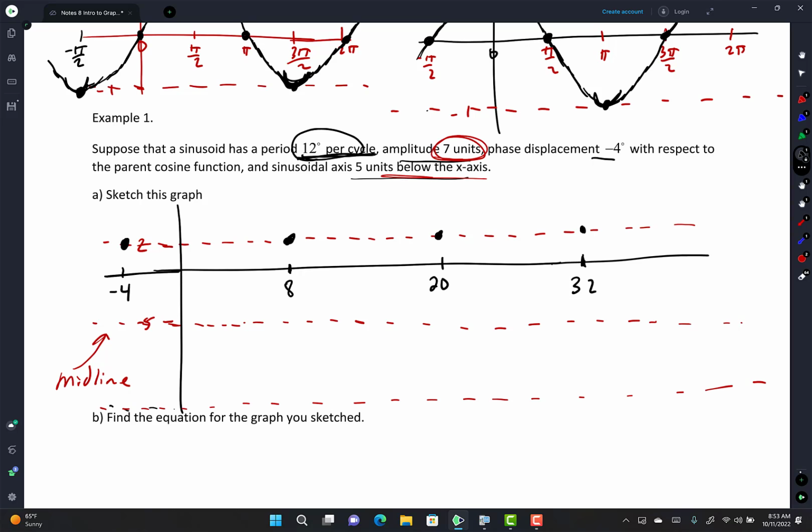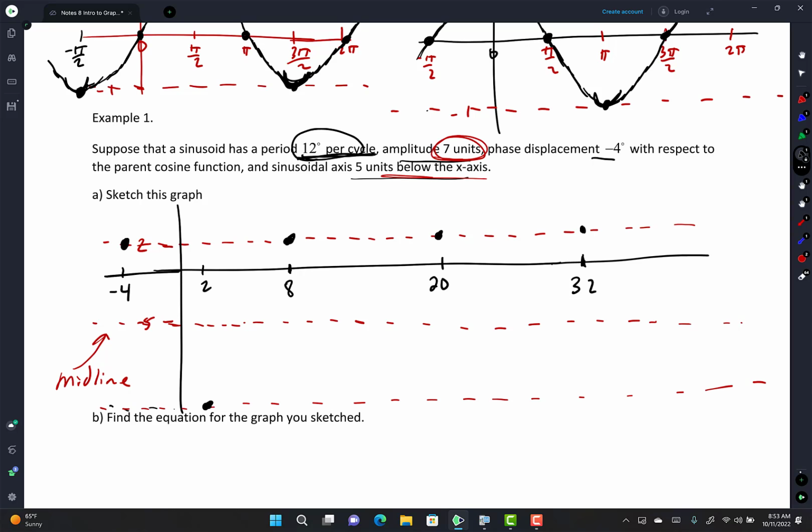Okay, so here we go. Ready to get the minimum? Between the two peaks, I have a min. So just kind of look at it with your eye, more or less. It's going to be something like right there. How do you know where it's at? It's going to be at 2. Because if the period is 12, that means I have to go halfway. So -4 plus 6 is 2.